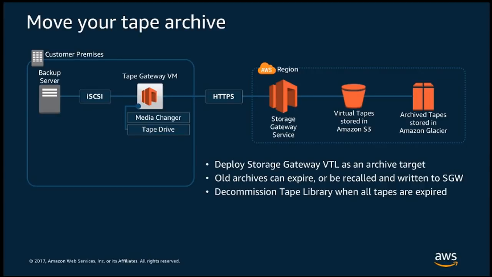And as they expire, you take them out of the backup software, you take them out of the offsite storage, you stop paying that fee, and over time, you'll be able to completely remove that infrastructure, potentially have all of your backups going into the tape gateway virtual machine, and certainly your archives going into the tape gateway virtual machine. So it's a way that you can migrate data out of your old archive into AWS, keeping the workflow that you're using today.